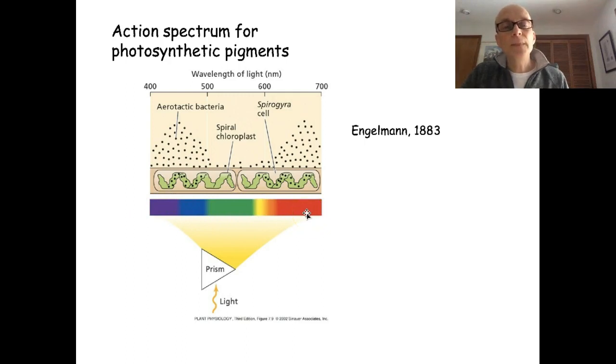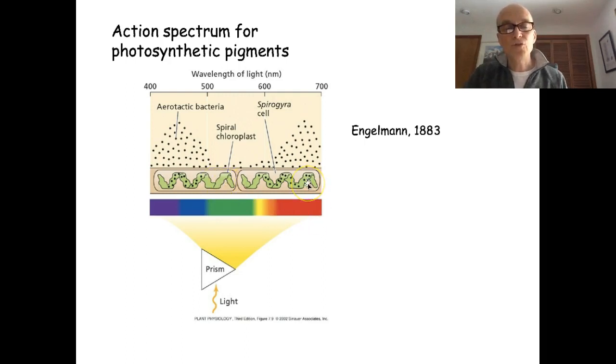And then he took a green alga, so a photosynthetic organism, a long, spirally, stringy kind of alga, and he strung it along the area into which the light had split. So if you look at the prism, the light is coming out sort of in a cone.